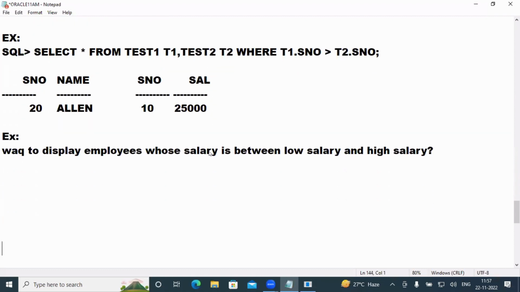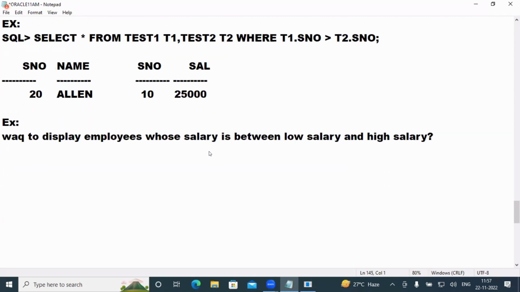Okay, so is this question clear, all of you? Which employees do I want to display here? Whose salary is between low and high. So whichever employee's salary comes between low and high.